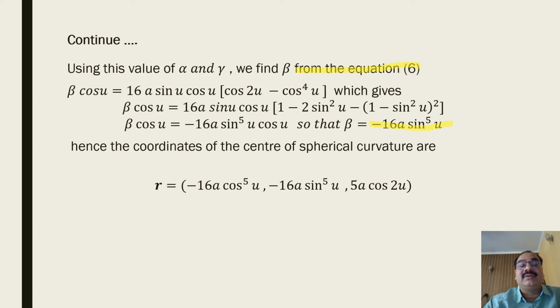Hence the coordinates of the center of spherical curvature are, after putting the values of the unknowns, r equals minus 16a cosine power 5u, minus 16a sine power 5u, and 5a cosine 2u.